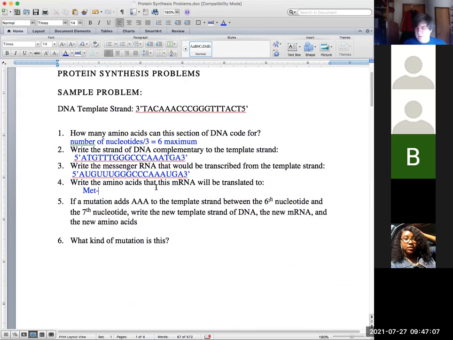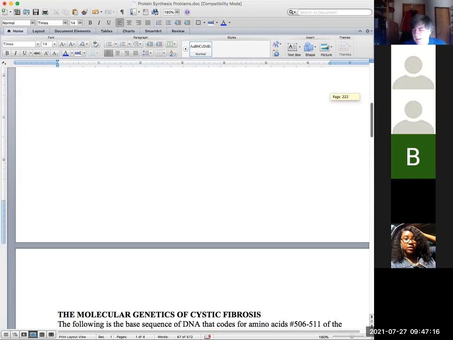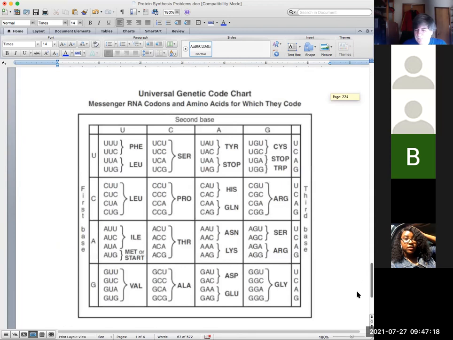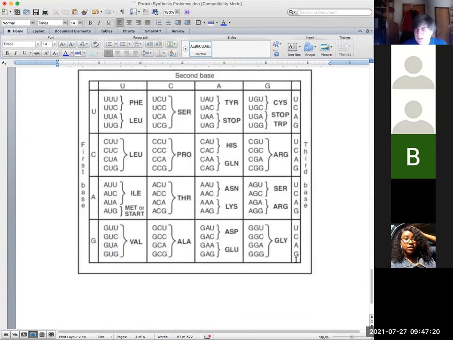So if we come back up here, okay, now we have 3 C's, and then after that we have 3 A's. So 3 C's is proline, 3 A's is lysine.